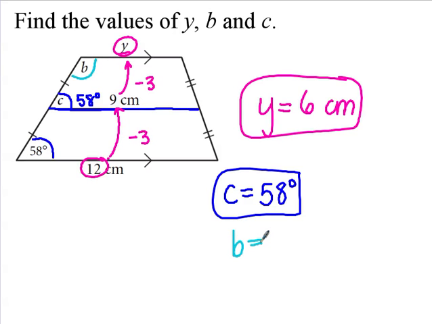If you remember, these are actually parallel lines, and B and C are same side interior angles. Same side interior angles are supplementary, which means they add to 180. So that means that B plus C here have to add to 180 degrees. I already have 58 degrees. So B has to be 122.